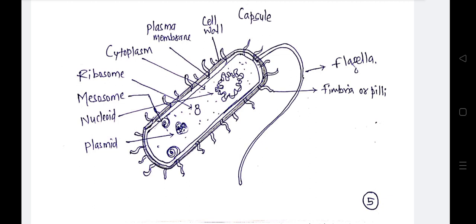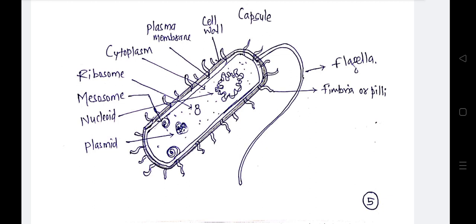The bacteria which possess the capsule are called capsulated bacteria, while those not possessing it are called non-capsulated bacteria. The capsule protects the bacteria from drying and from antibacterial chemicals. It helps in immunological specificity and attachment to the surface.